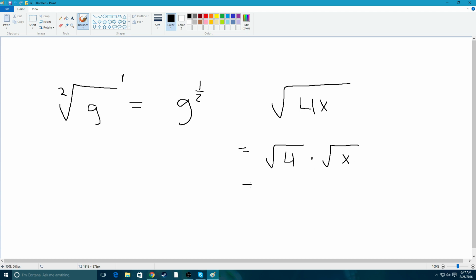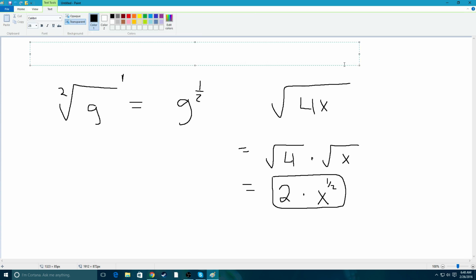So the square root of 4 is just 2. We can't find the square root of x, so we rewrite it as x to the 1/2 power. What you were doing the whole time right here is converting from radical to exponential form.